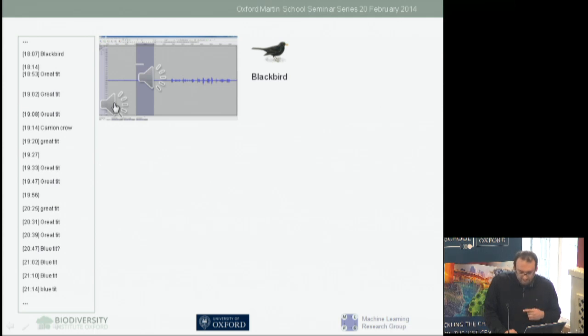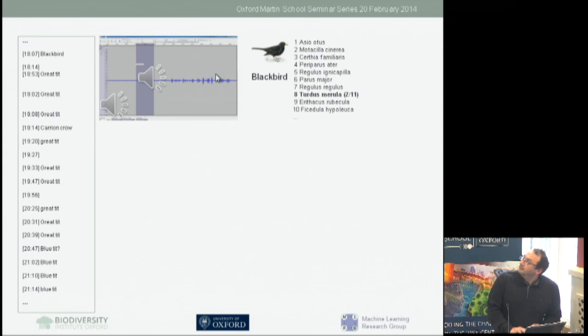That was a blackbird alarm call. So that was Paul just telling me what it was. We used the recordings we have from the database of European birds, mainly from Germany, that included blackbird recordings, to classify this snippet, which was what we recorded in the university parks. It came up as the 8th out of the 121 options.